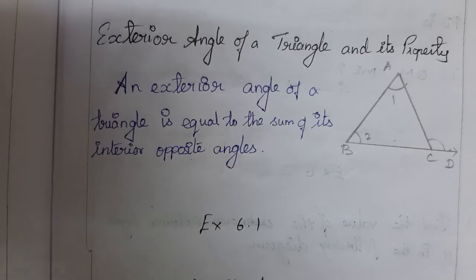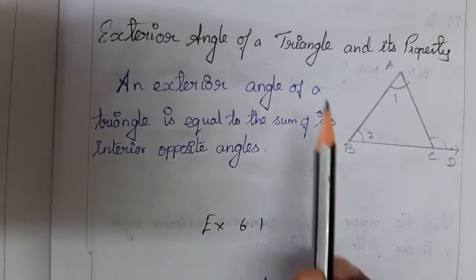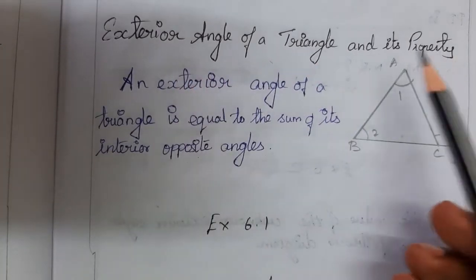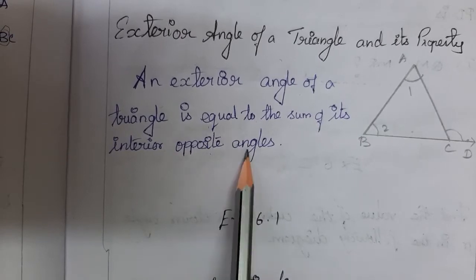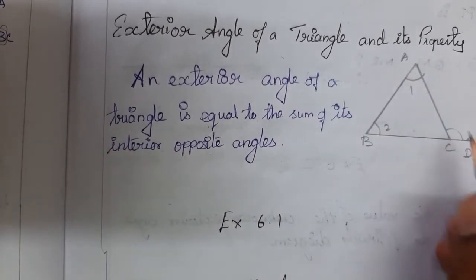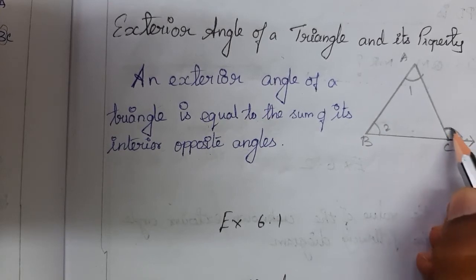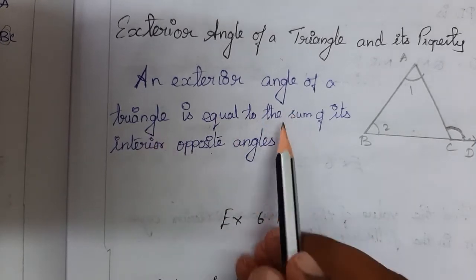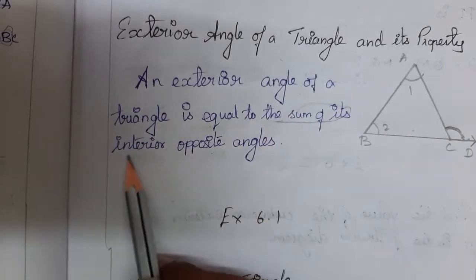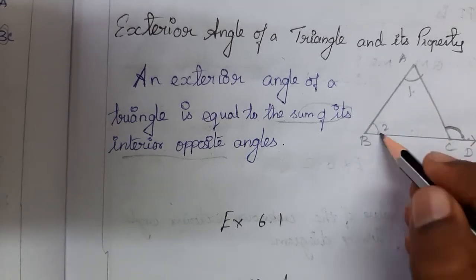Clear? So here we go for the next, the exterior angle of a triangle and its property. An exterior angle of a triangle is equal to the sum of its interior opposite angles. Let me draw a triangle ABC and extend side BC outside to D. So we have an angle at the exterior of the triangle. The two interior angles are the opposite angles.